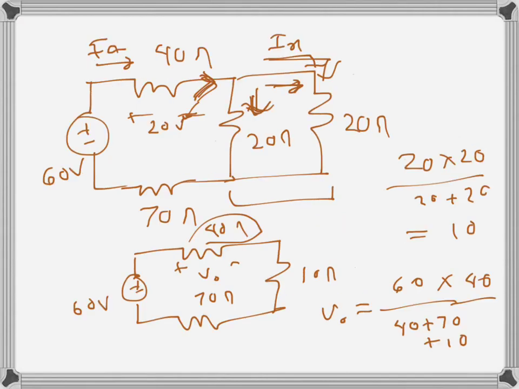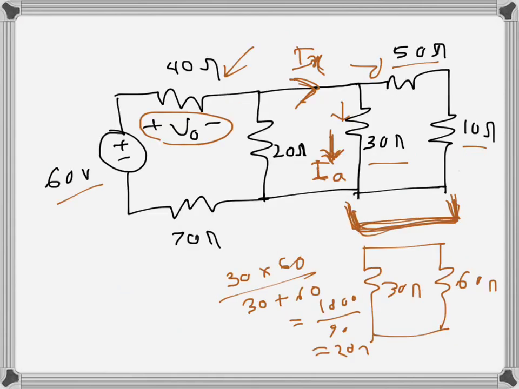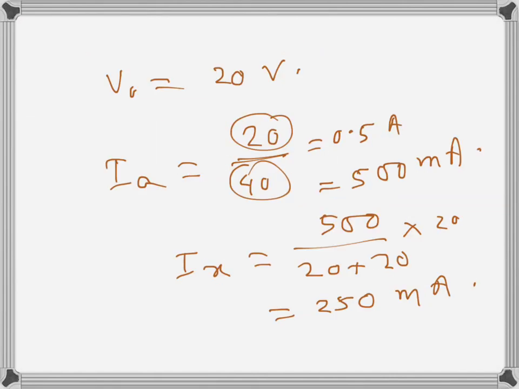So now we know this current. This current of course will also be 250, but we don't need that. Now we can go back to our original circuit and apply the current divider rule once again to find this current IA. I'm not sure, probably it's better if I draw the circuit again.